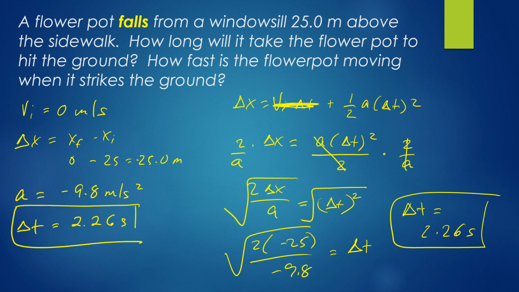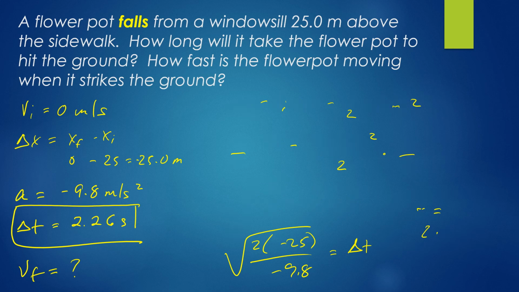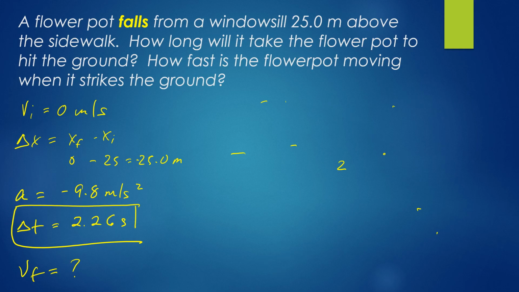How fast is the flower pot moving when it strikes the ground? So that's going to be my Vf. What is that? So I'm going to erase this. So Vf equals Vi plus acceleration times time.